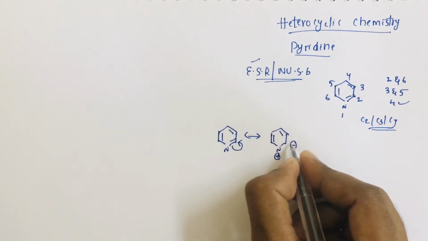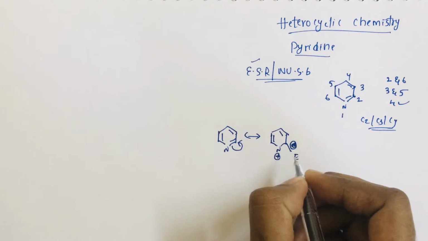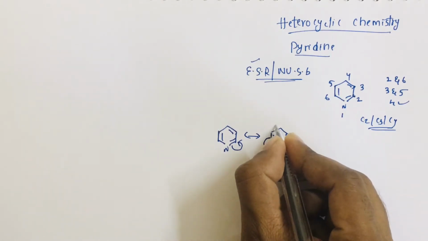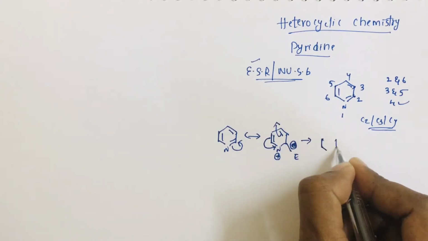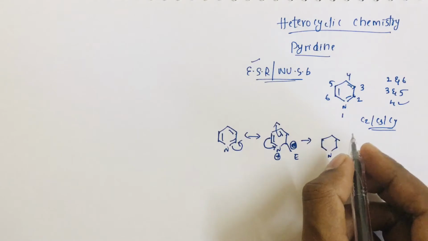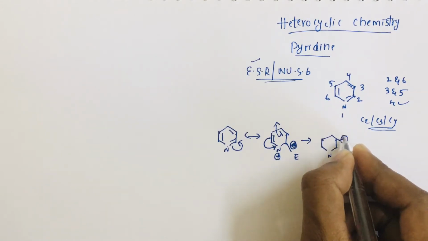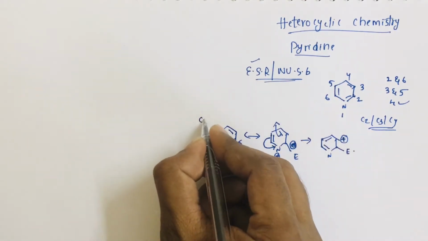So now the electrophile comes and attacks this. Once this electrophile attacks here, what will happen? This bond goes here and this bond comes here, and then here the positive charge comes. This is at the C2 position.